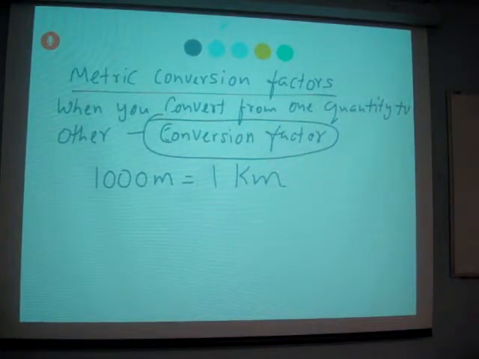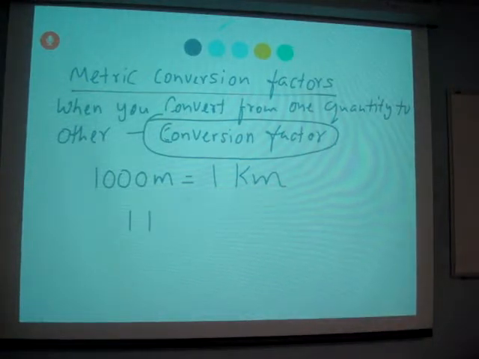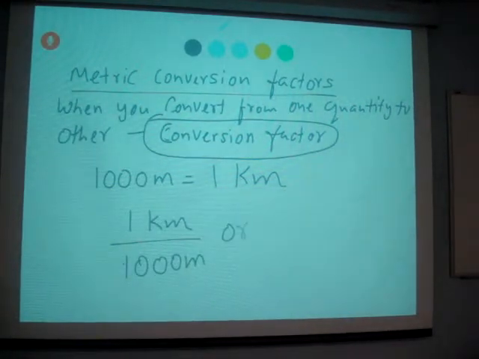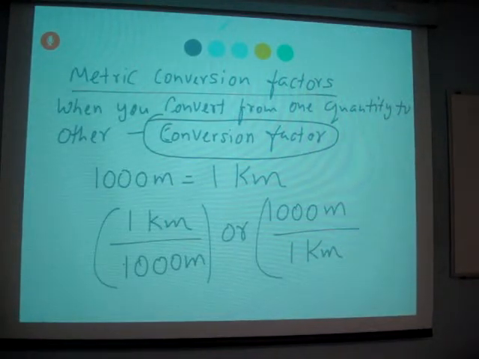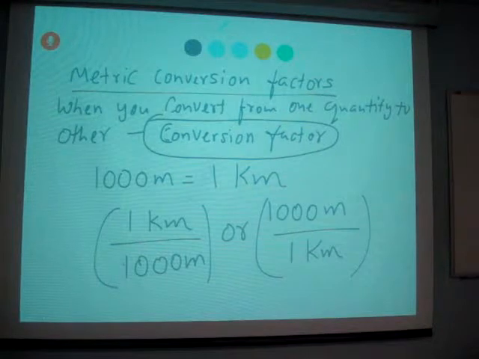So you can see we can write it two ways: 1 kilometer divided by 1000 meters, or 1000 meters to 1 kilometer. So these are two unit factors. We can use either one of them when we convert from meters to kilometers or kilometers to meters.